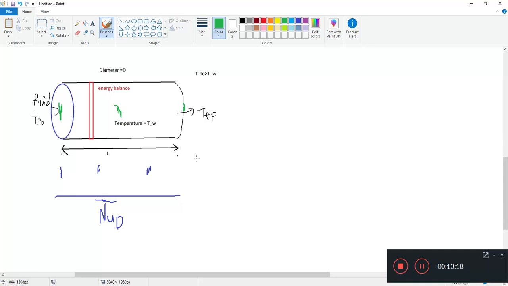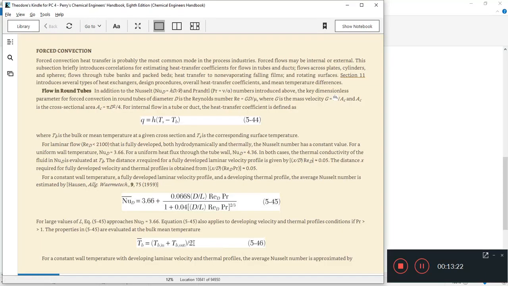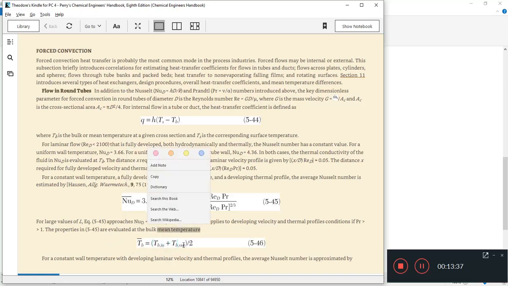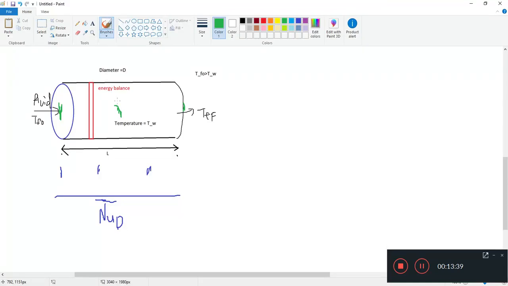So that's a potential point of confusion, but according to Perry's Chemical Engineering Handbook, the properties are evaluated at the bulk mean temperature. So what does it mean? You look at the temperature that's in and the temperature that's out, and you divide it by 2. So the bulk mean temperature is the temperature here and the temperature here, divided by 2.